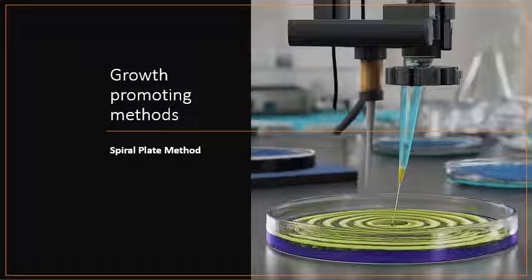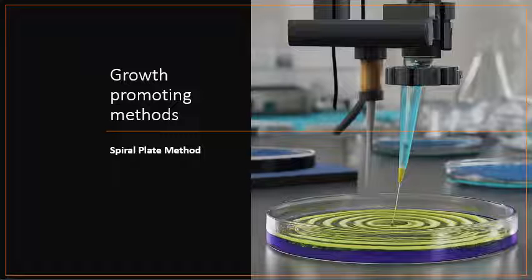It's faster because it provides results quicker than other methods due to built-in dilution. It has a built-in dilution and reduced need for multiple plates. Then it also has a wider coverage for bacterial concentration on a single plate.